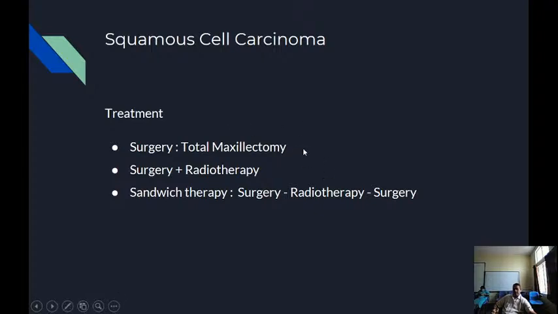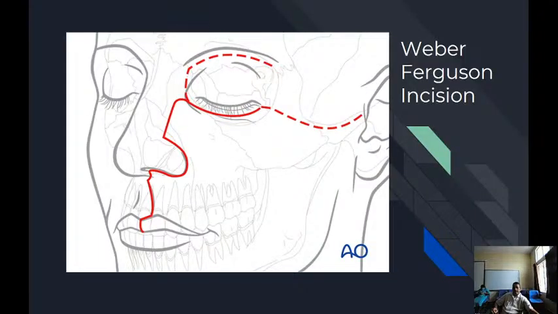The modes of treatment for any malignancy are surgical, radiotherapy, and chemotherapy. These are the modalities of treatment that we have. Malignancy treatment is usually surgery. Whenever there is a possibility of removal of these tumors, surgery is the best, because in a single stage you can remove the entire tumor.